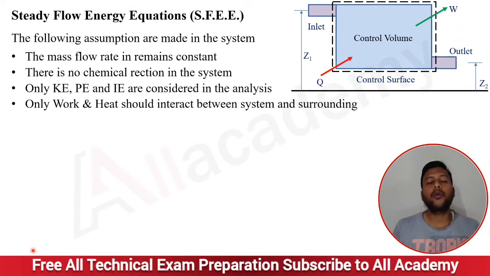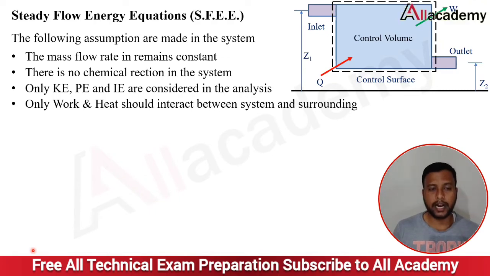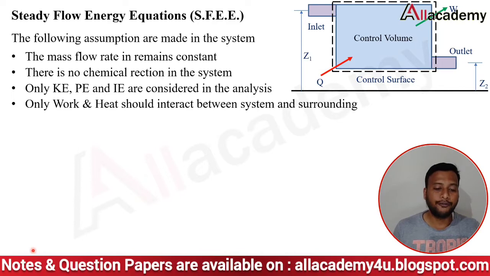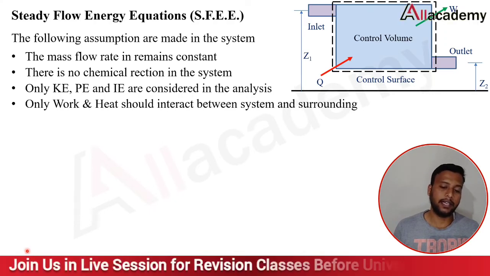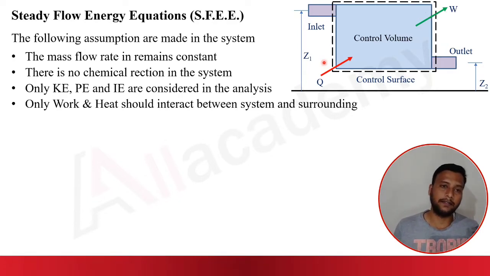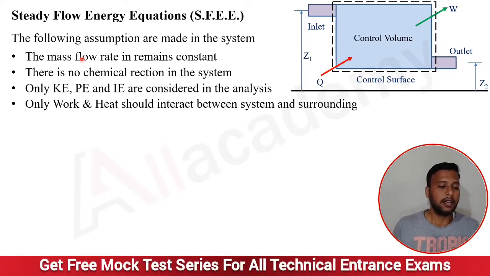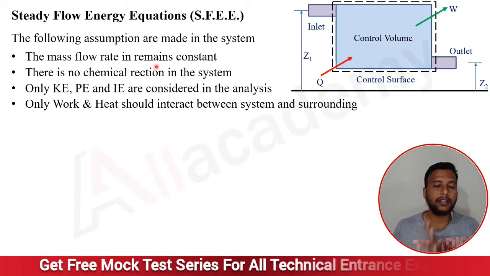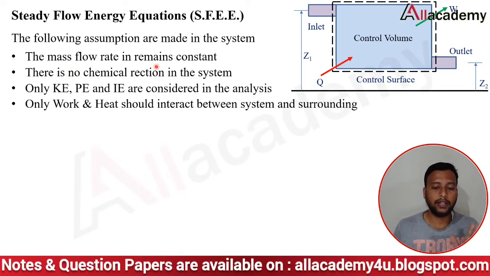Before deriving this steady flow energy equation, we must assume the following points. The assumptions have to be made while deriving the steady flow energy equation. This is a simple schematic figure that will help us while deriving it. Now, what are the assumptions? The first one is that the mass flow rate remains constant throughout the process.